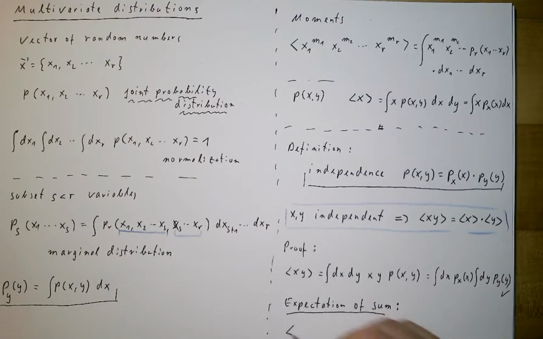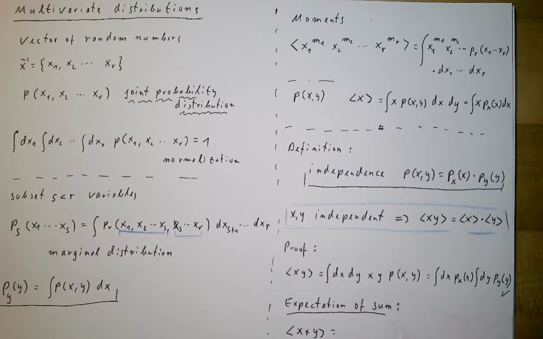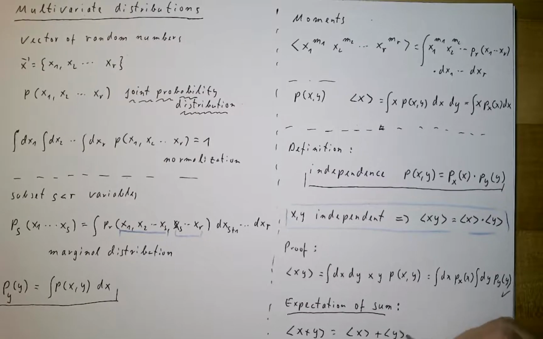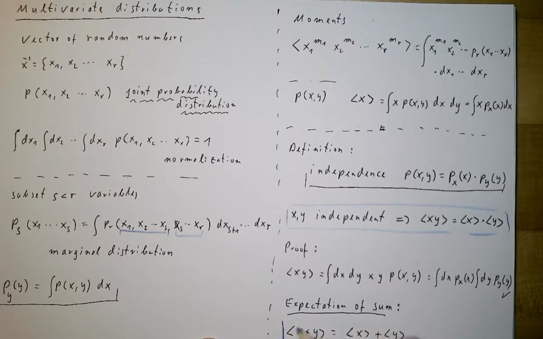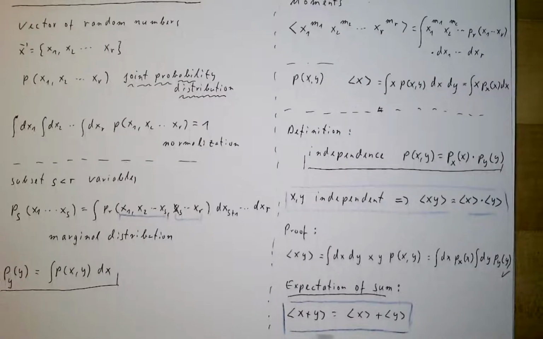So, we want to know what's the expectation value of x plus y, and just simply put in these definitions, and then you directly see that's the expectation value of x plus the expectation value of y. So that's very simple to show. So the expectation value of a sum we can write down very simply.